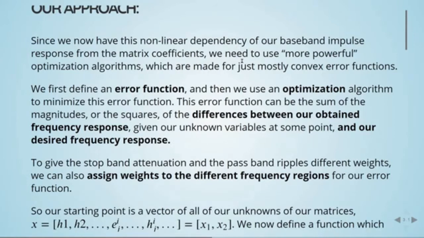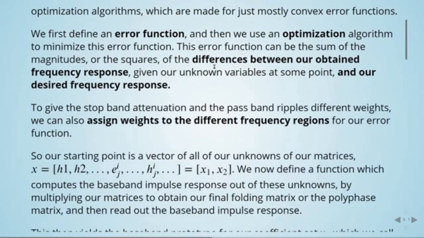This error function can be the sum of the magnitudes, or the sum of the squares of the magnitudes, of the differences between our obtained frequency response, given our unknown variables, and our desired frequency response. To give the stop band attenuation and the pass band ripples different weights, we can also assign weights to the different frequency regions in our error function.